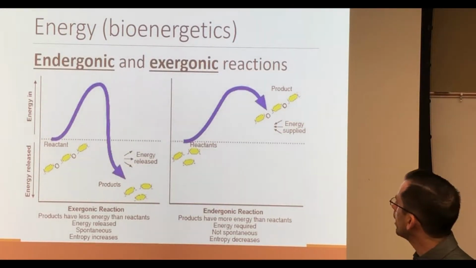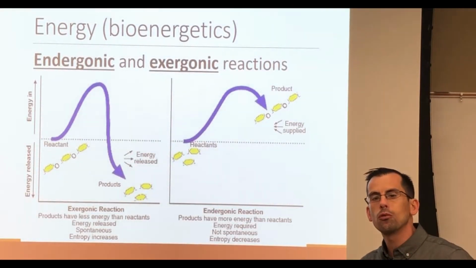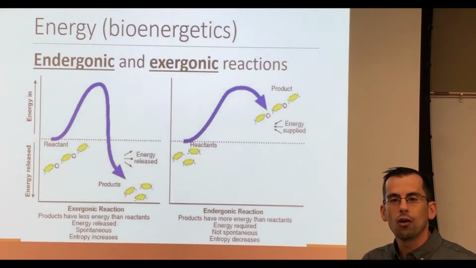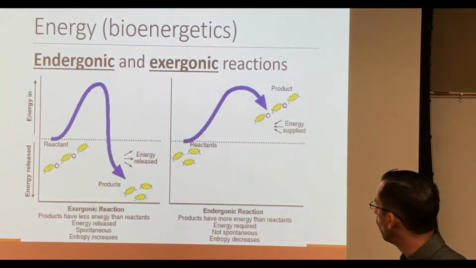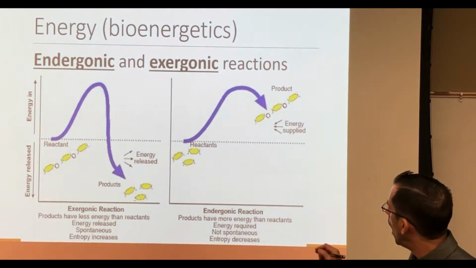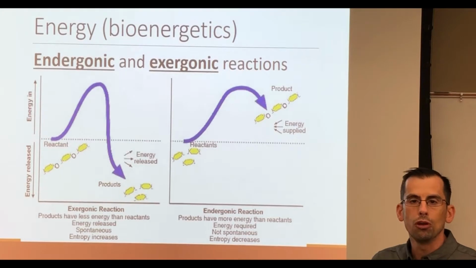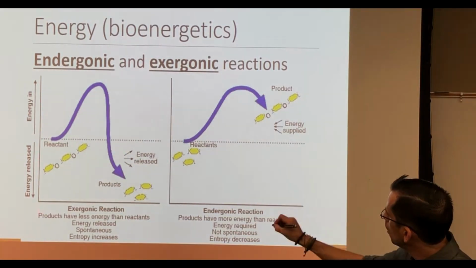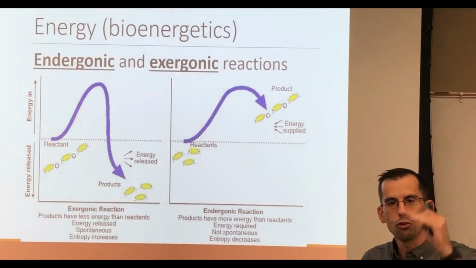We can break these reactions down generally into energy-producing reactions or energy-consuming reactions. And these energetic diagrams are a good example of how we can distinguish one from the other. On the left, we have an energy-producing reaction, an exergonic reaction. We see up the vertical axis is our degree of energy.